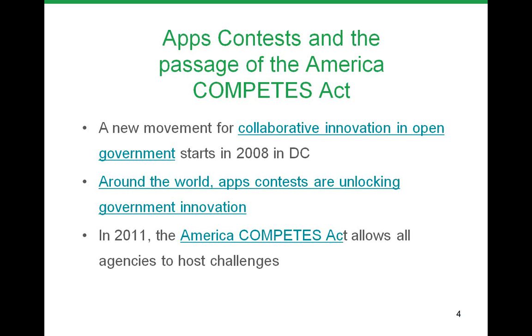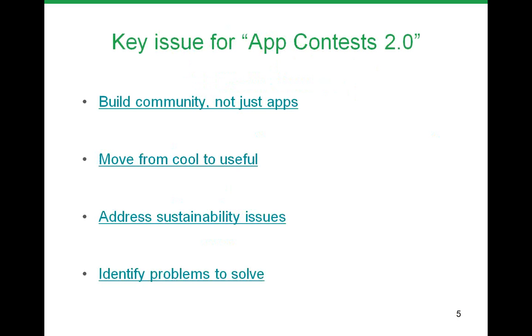So DARPA's had a lot of success. NASA's had some success too in getting results from sharing a design or a need and then asking people to be innovative around it. Essentially what's happened is Congress said, okay, well, let's try this for other places. And now we're starting to see that happen. Now, there are some issues around this, and after we've been doing this for a couple of years, we're starting to see some of them.